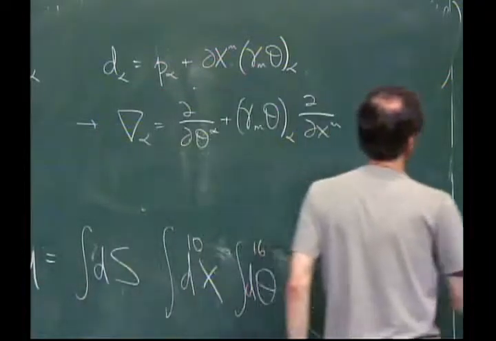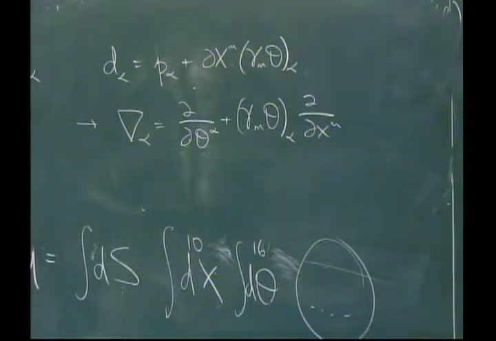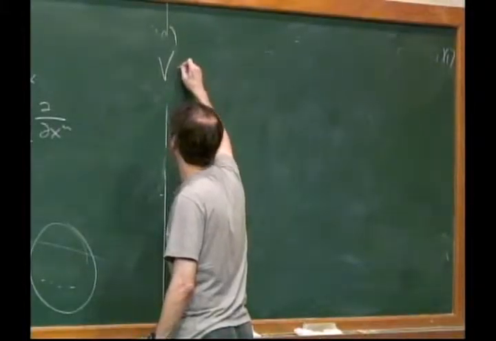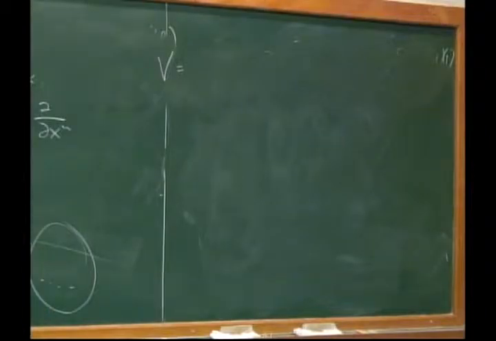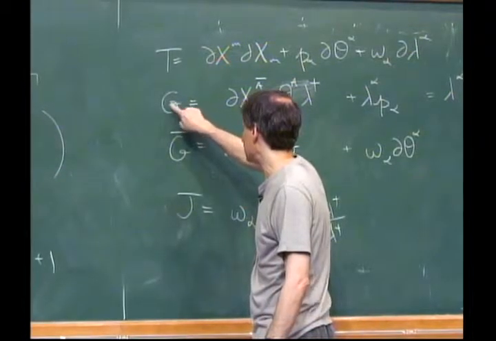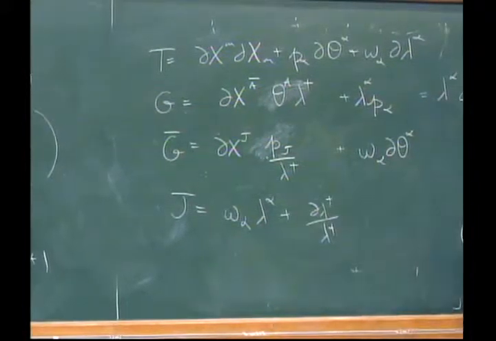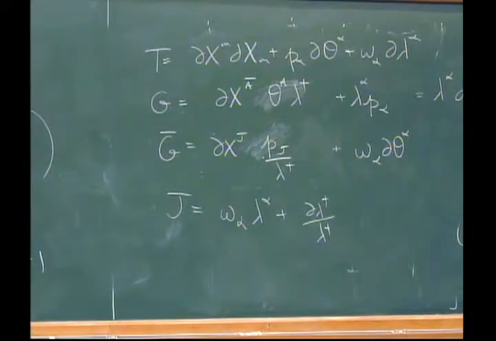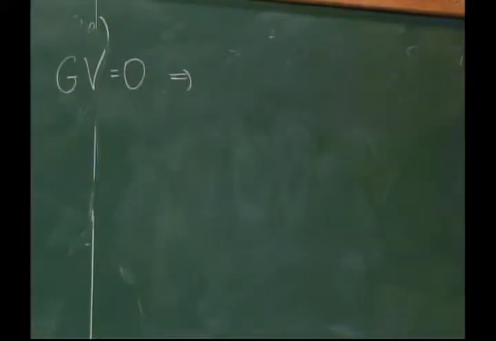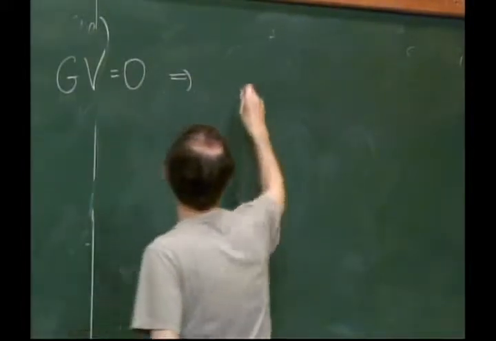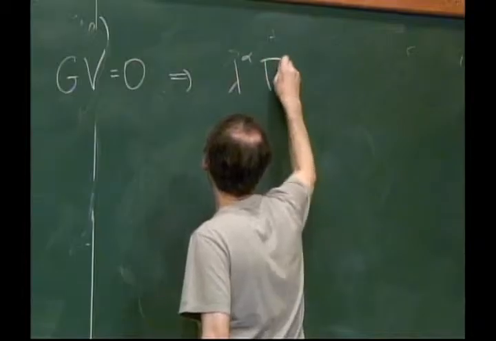What this means is that if you have a vertex operator and you would like it to satisfy that it's a chiral operator, so g of v equals 0, then it turns out because of the form of g, this implies that lambda alpha d alpha v equals 0.